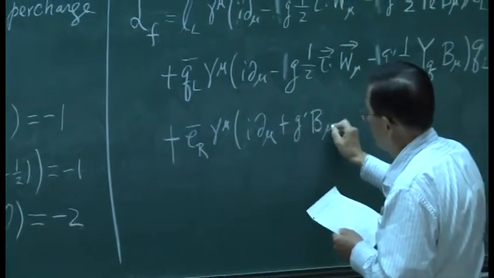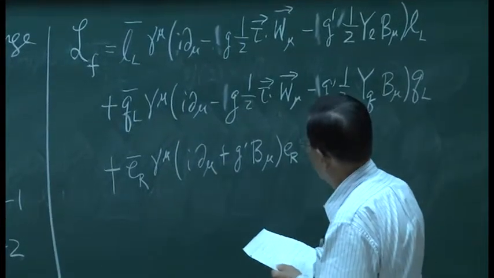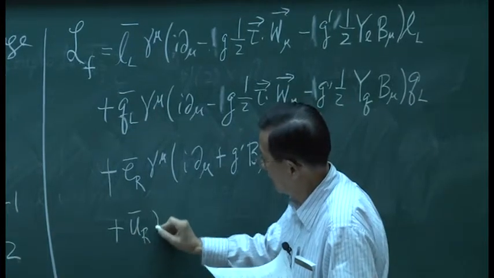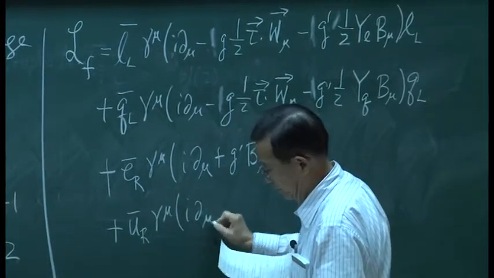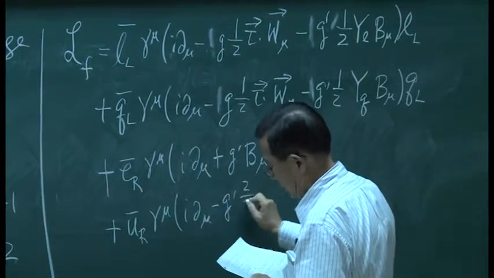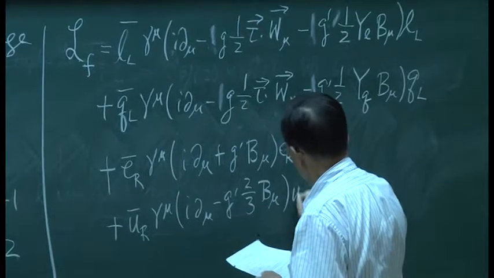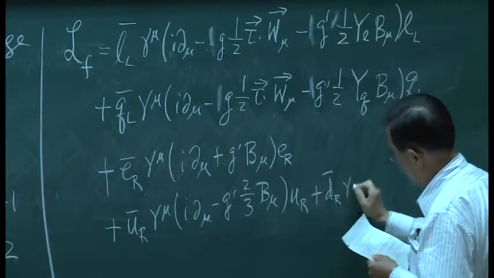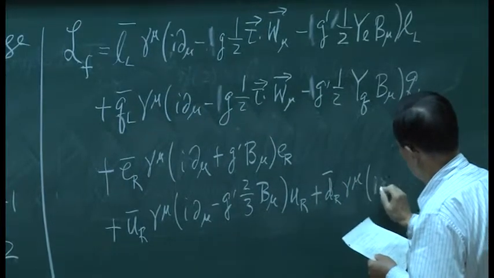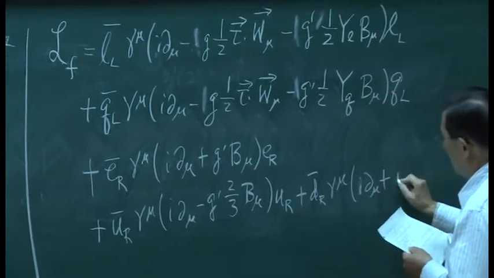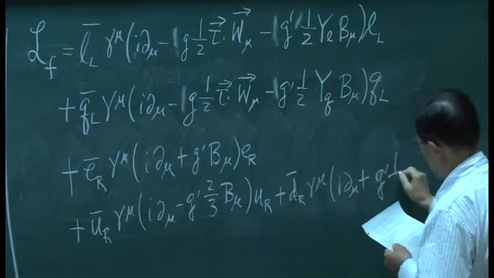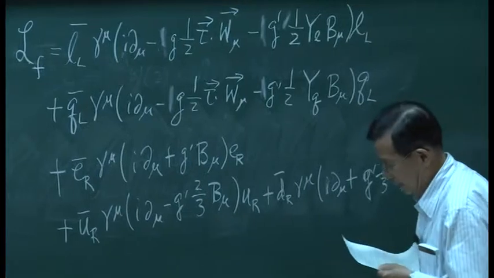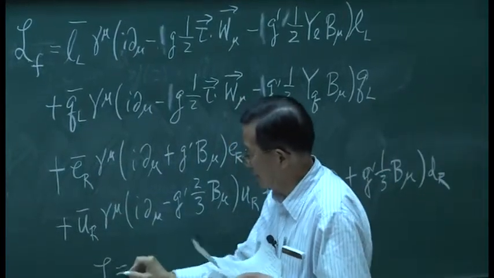G1 B mu ER, and then for the right-handed quark, gamma mu, you can work it out, minus G prime 2/3 B mu UR, and then the down quark, G 1/3 B mu DR. Okay, and the whole Hamiltonian is equal to L.